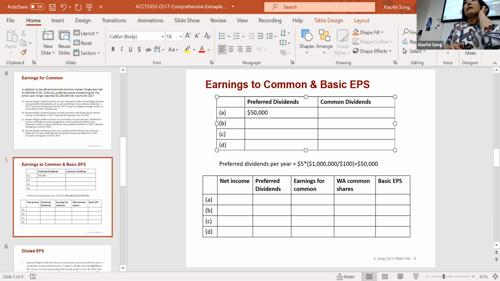So we computed a weighted average shares outstanding. But for dividends, you do not use weighted average shares outstanding. What do you use?